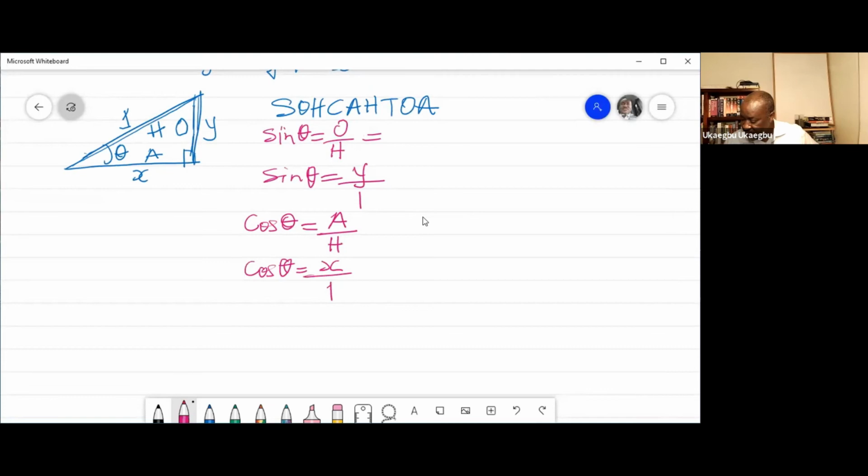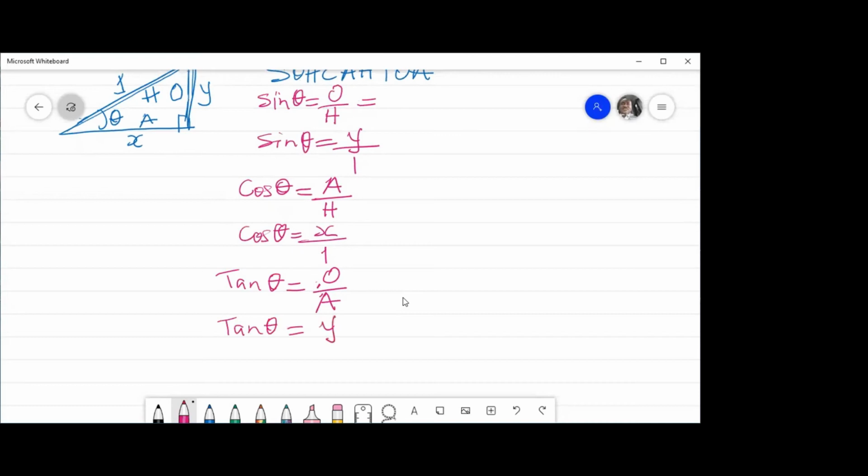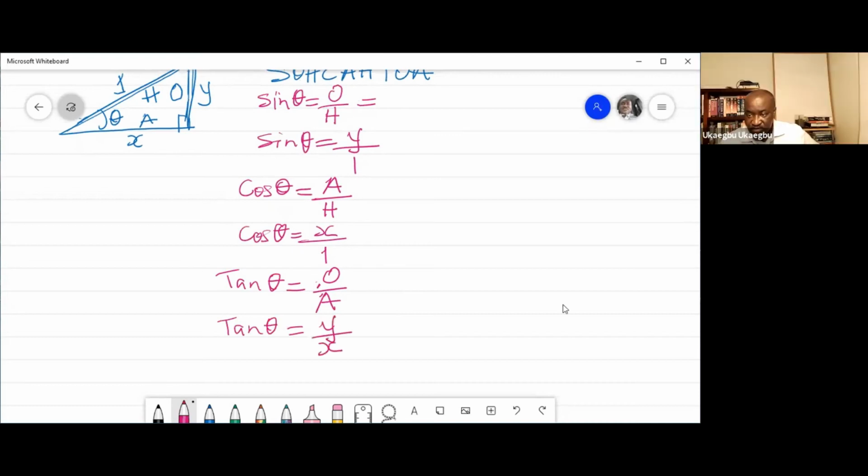Okay. Now let's consider tangent. Tangent of theta is opposite over adjacent. So tangent theta is equal to y over x.